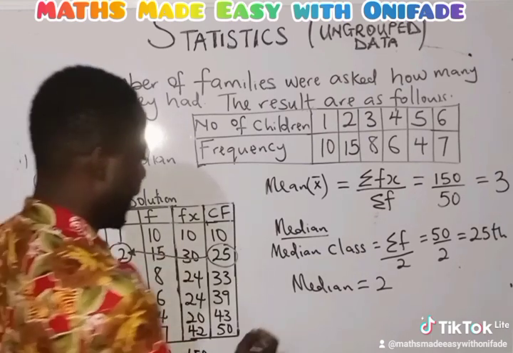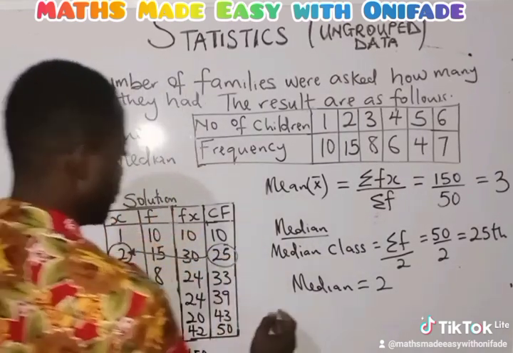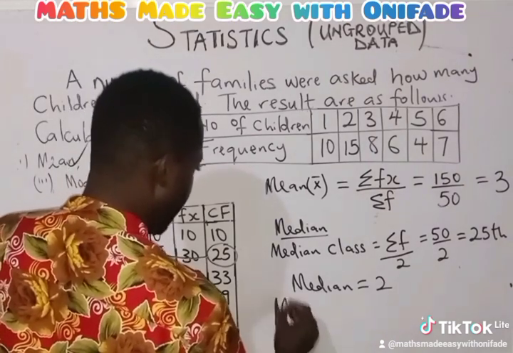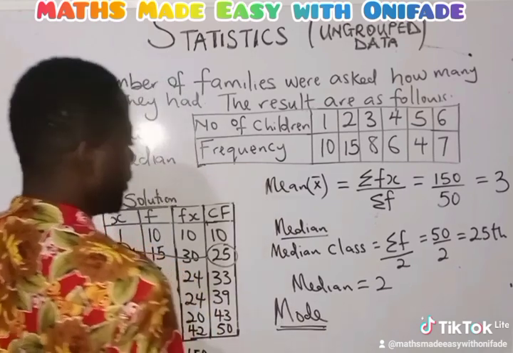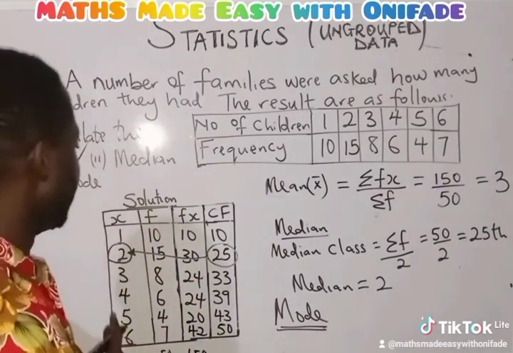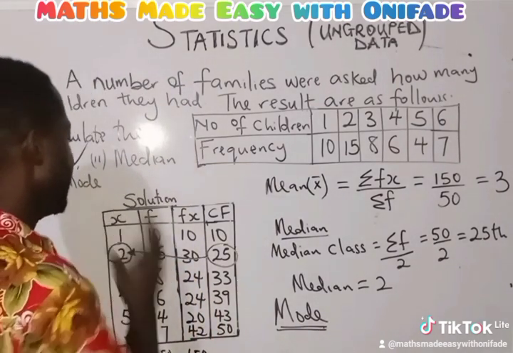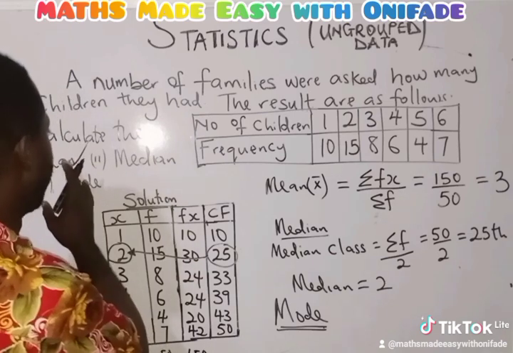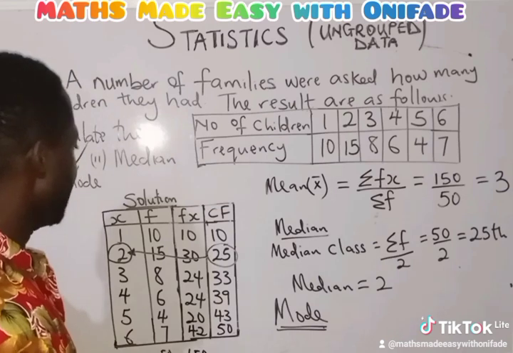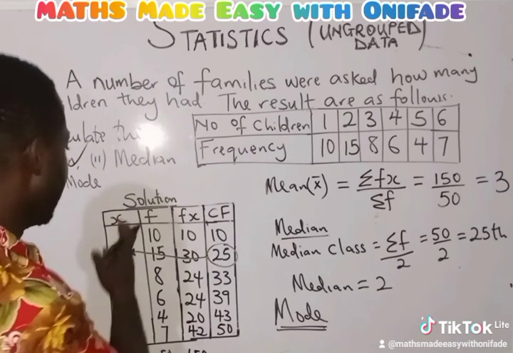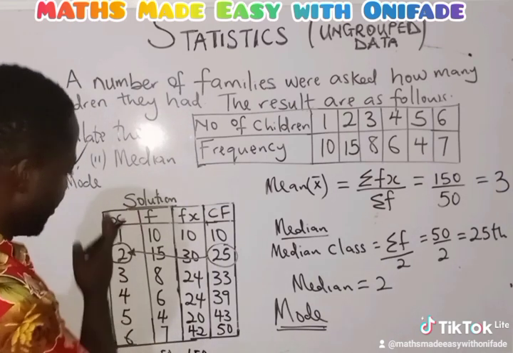Now, moving on to the last question, which is mode. In order to get the mode, which is the easiest among the three, mean, median, mode, let's come to x, the number of children.